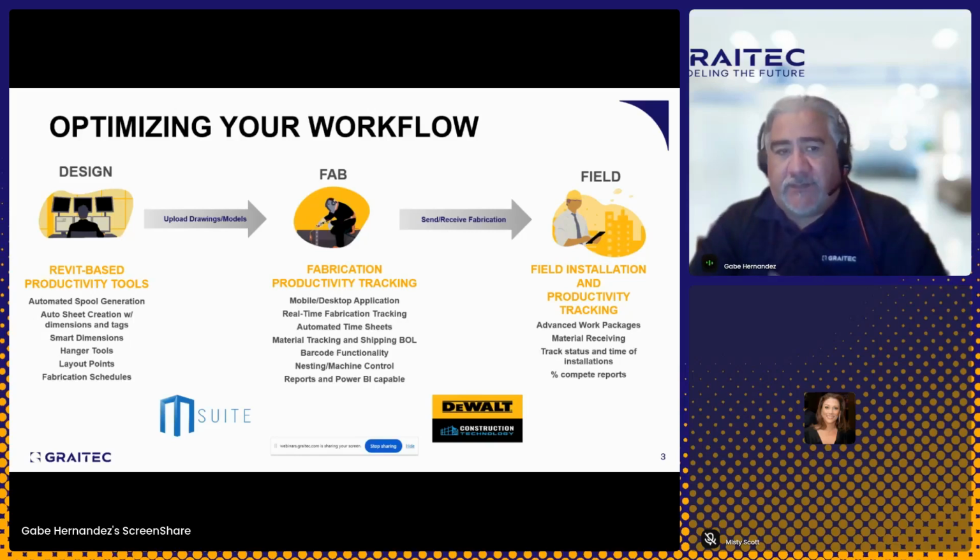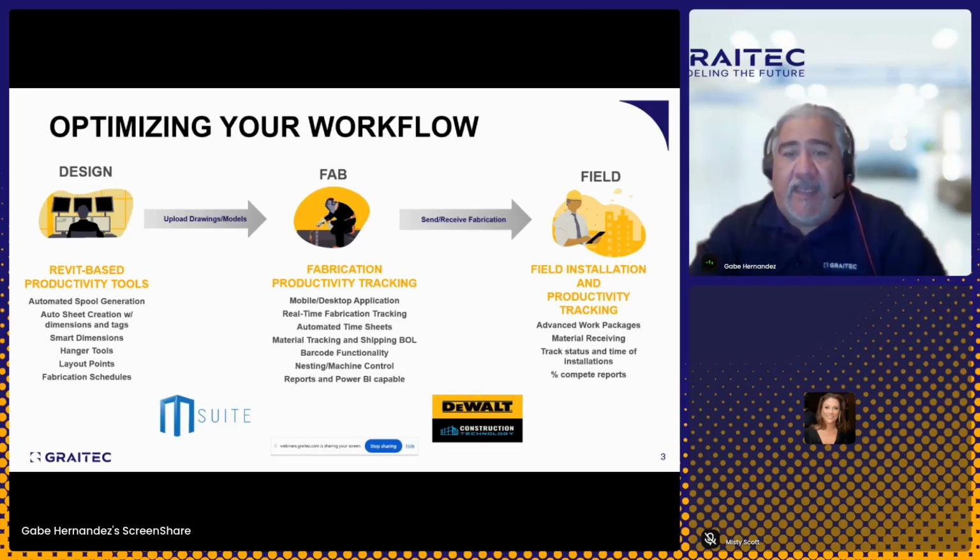It has hanger tools, a layout points tool, as well as schedules. And then from the BIM side, you could also take that into the fab side, fabrication productivity tracking, which has a whole other set of tools to help with your shop processes, a solution that helps improve productivity and track projects.